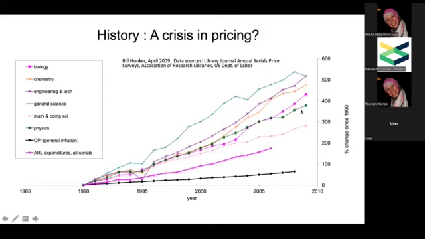Well, here you're looking at a graph that just shows percentage change in price for access to journal content over the years between 1990 and 2010. And you can see that generally speaking, publishers, so the big publishers, Elsevier, Taylor and Francis, Wiley and Springer Nature, those are the big four academic publishers.